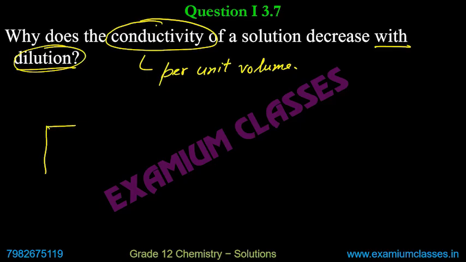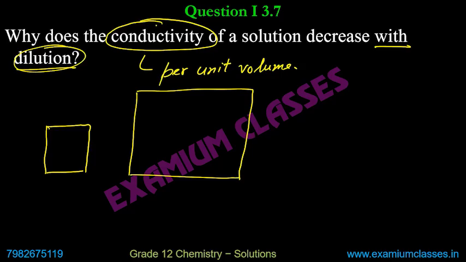So if initially the volume is this much and now the volume is this much, say initially this one was the unit volume. Here the total number of ions were 1/4 of the total, say. Now in the same volume, although the total number of ions will increase, in this region only, it will decrease as compared to earlier.